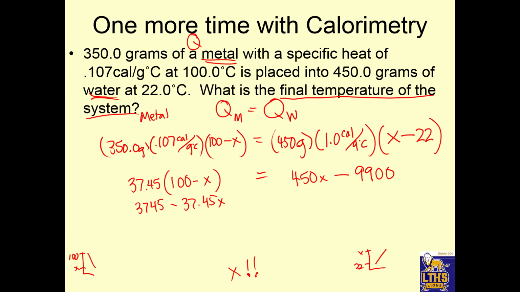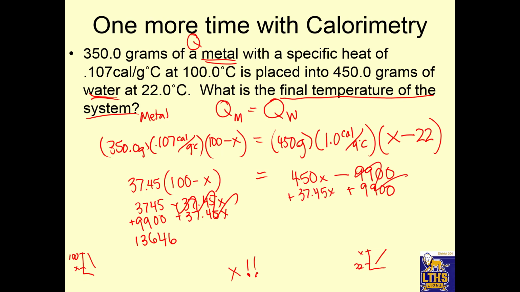So I'm going to bring over 9,900, plus 9,900. So I get 13,645. Then I'm going to add 37.45X to this side, so this goes away.